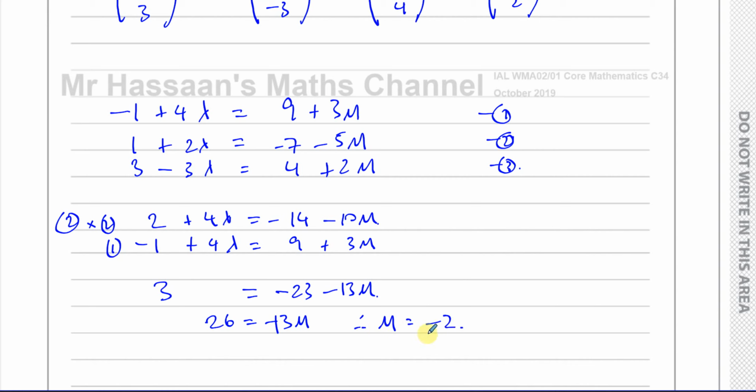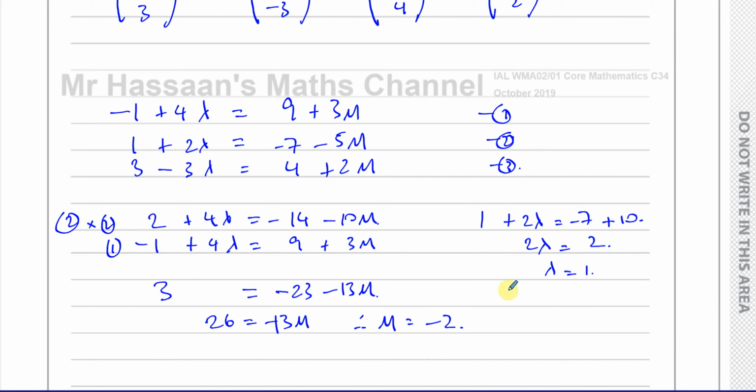We've got to use these two equations, the first two. So you have 1 plus 2 times lambda equals -7 minus 5 times -2, which is plus 10. So 2 lambda is equal to -7 plus 10, which is 3, 3 minus 1, which is 2. So lambda is equal to 1. So we know lambda is equal to 1 and mu is equal to -2.